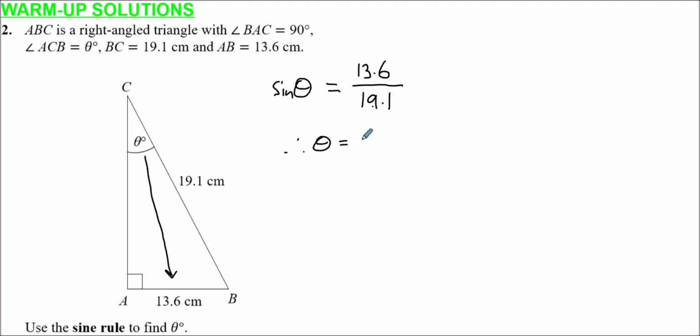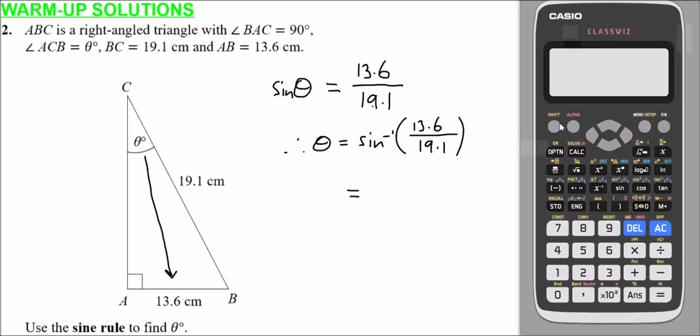So therefore theta equals sine minus 1 of 13.6 divided by 19.1. So let's see what that gives us. Shift sine 13.6 over 19.1. We get to 3 sig figs, 45.4 degrees.